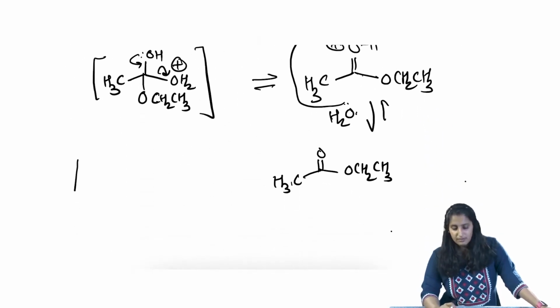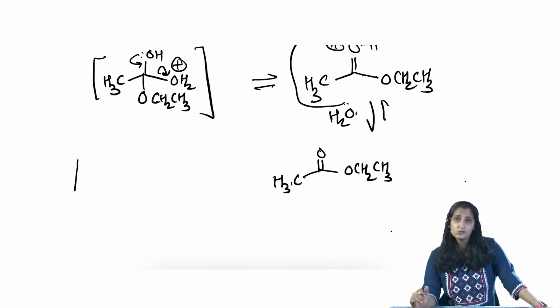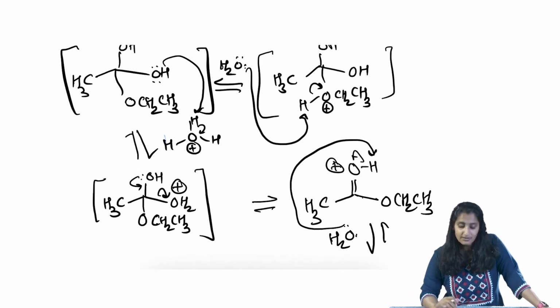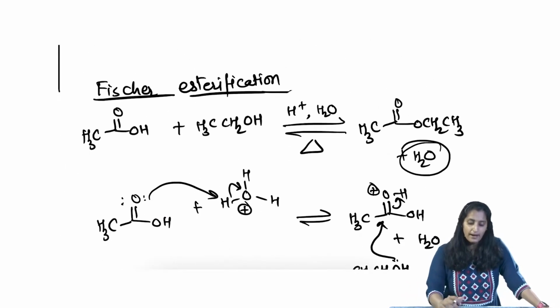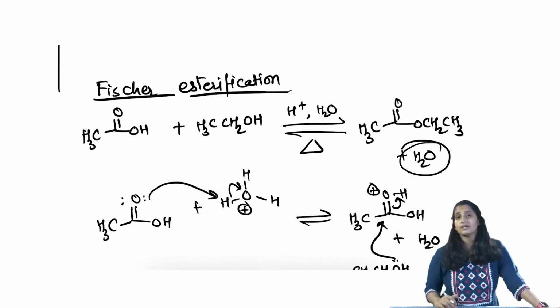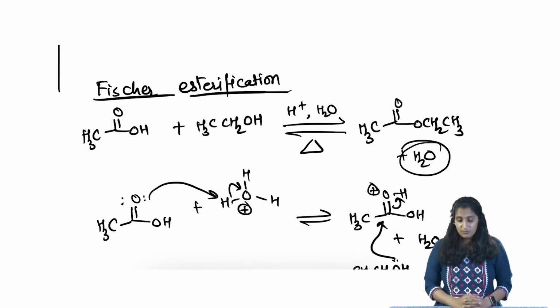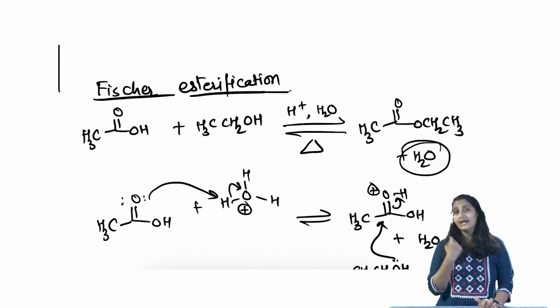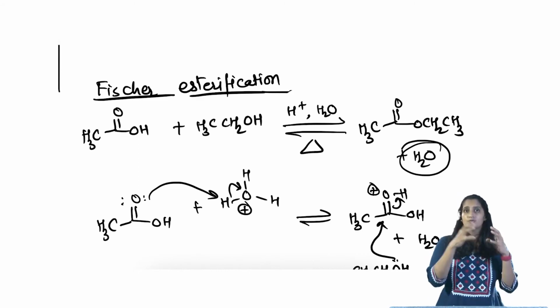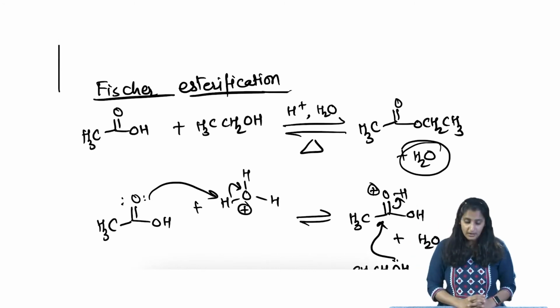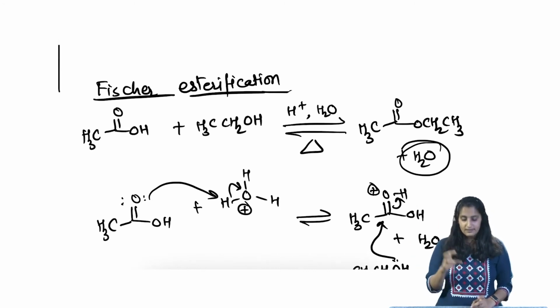Now, remember that esters can also undergo hydrolysis. So, you can start with an ester and then go backwards to the corresponding acids and alcohol, and that is going to be a homework question for you, wherein you try writing the mechanism, starting from the ester and forming the corresponding alcohol and acid.